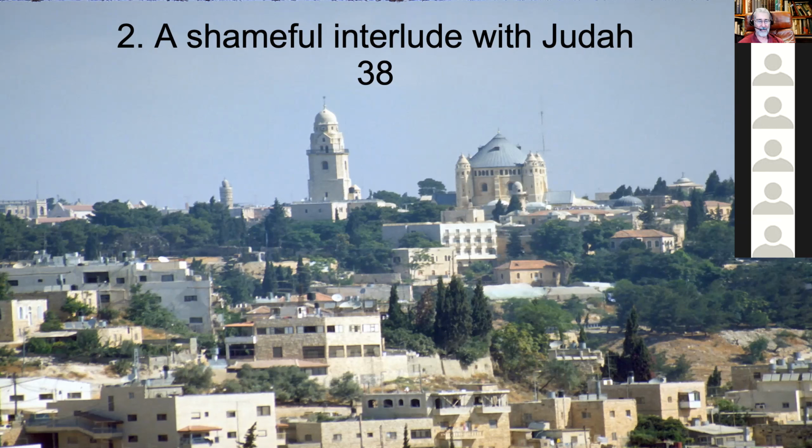Judah told Tamar, go back to your father's household, be a widow until my youngest, Shelah, is old enough to give to you. Well, Shelah got to be a man, and Judah paid no attention to the promise that he had made.